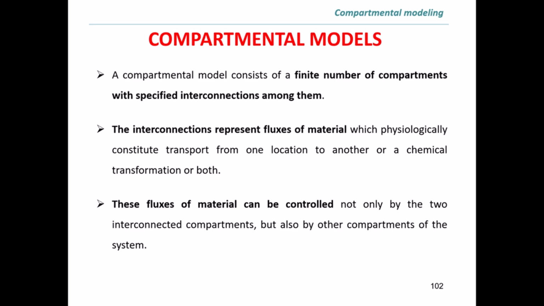The interconnections among compartments represent fluxes of material, which physiologically represent transport from one location to another, or chemical transformation, or may represent both processes. These fluxes of material can be controlled not only by the two interconnected compartments, but also by the compartments inside the compartmental model, thus inside the system.